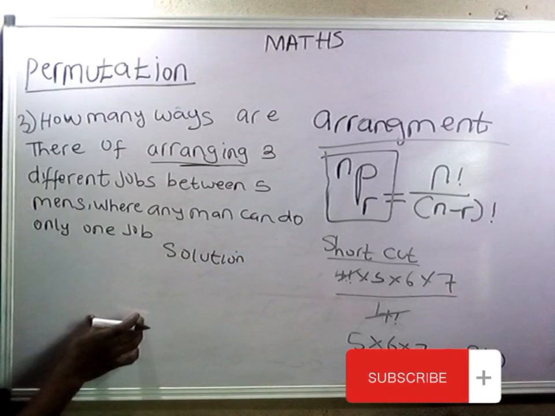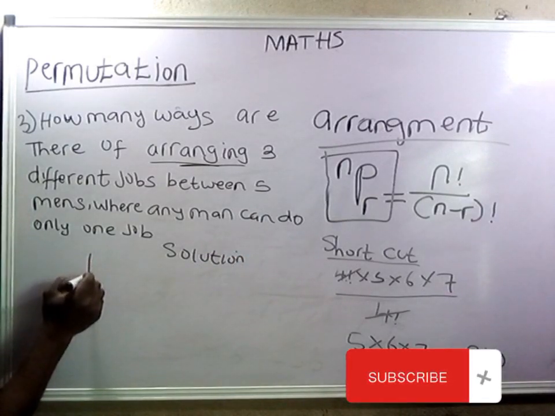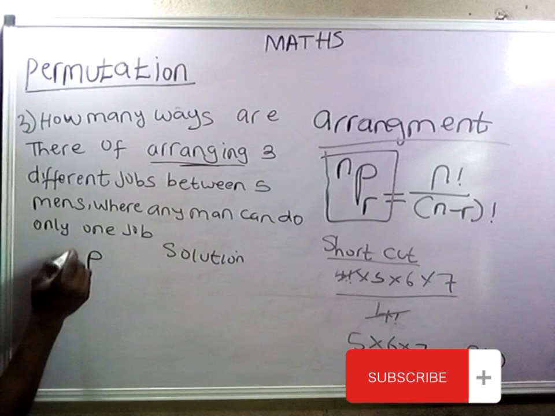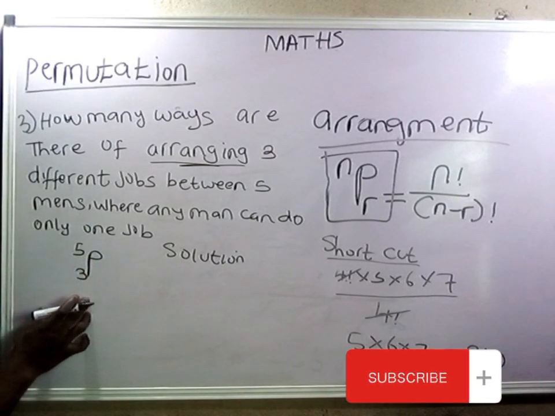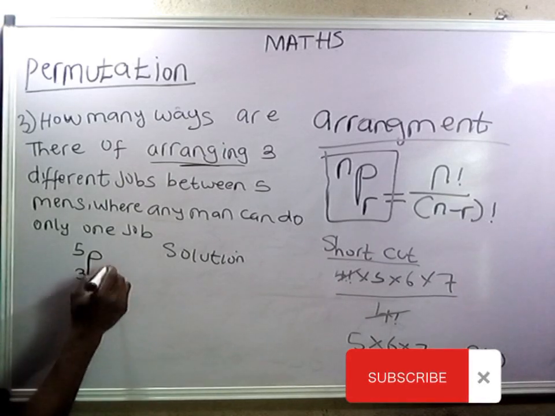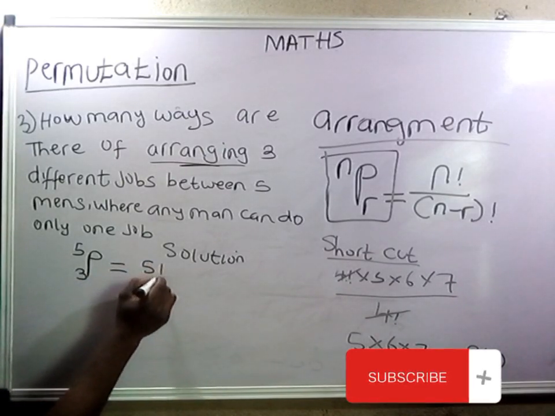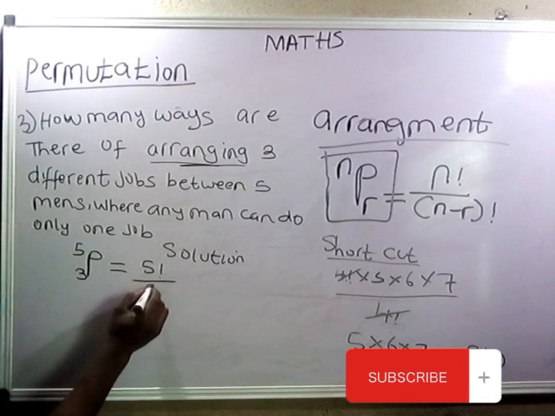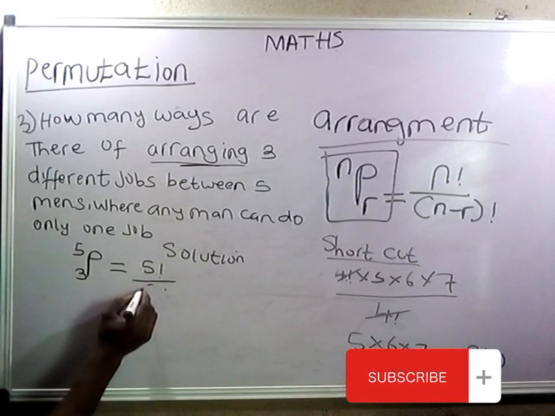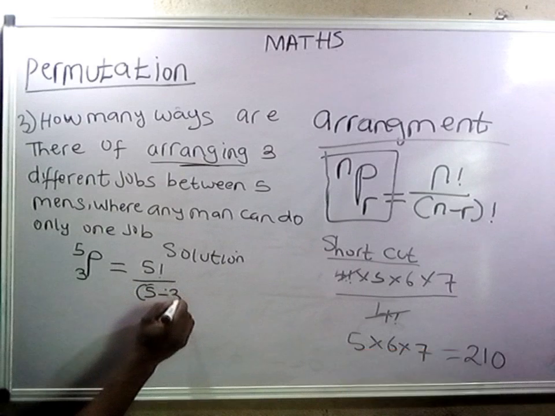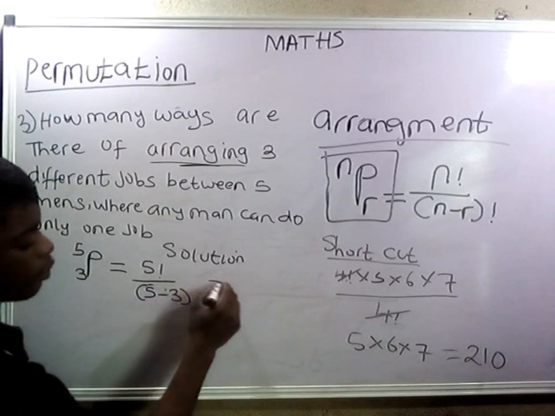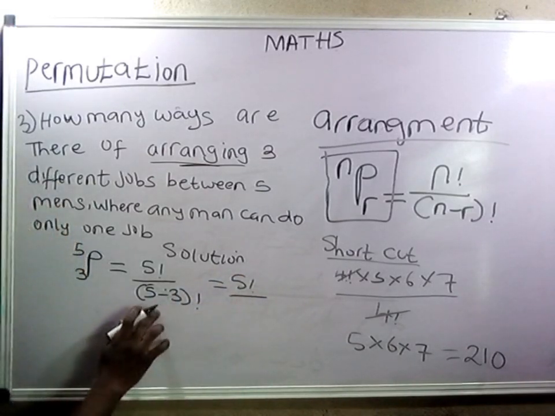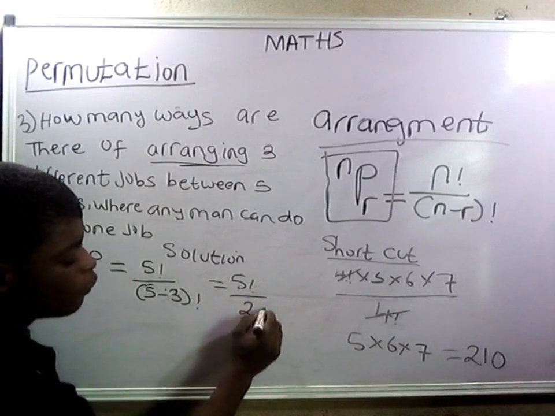So it therefore means that you put permutation 5 base 3. If you want to break this down, it will be 5 factorial over open bracket 5 minus 3 close bracket factorial. So this way you can represent it. It means that we now have 5 factorial over 5 minus 3 is 2, so 2 factorial.